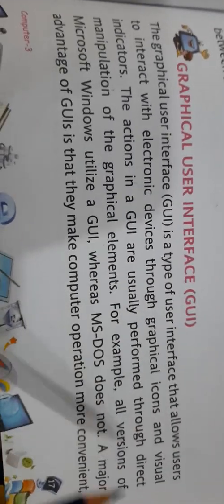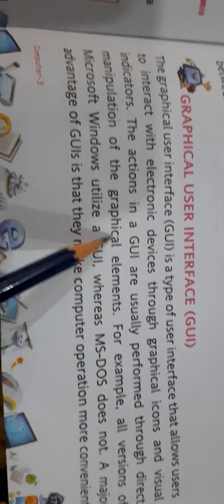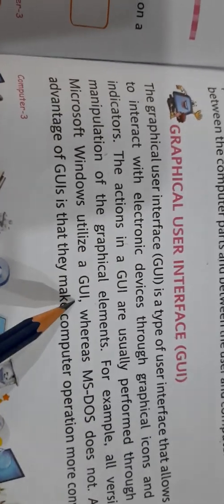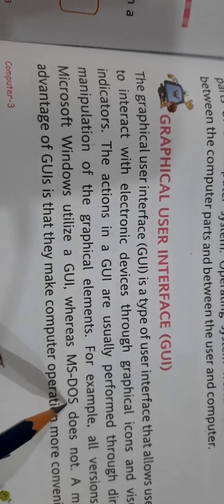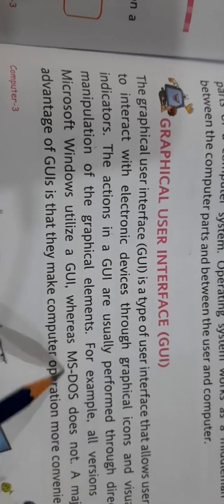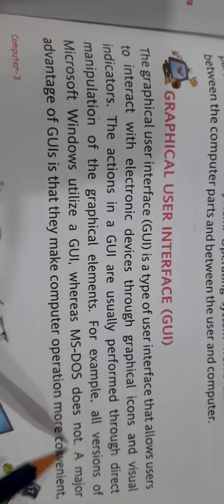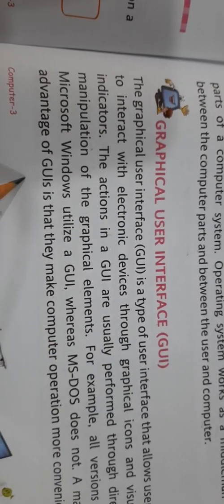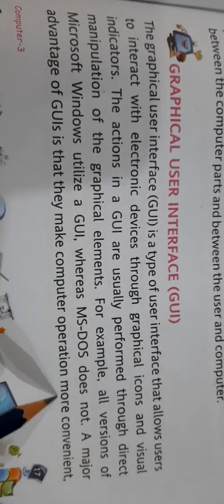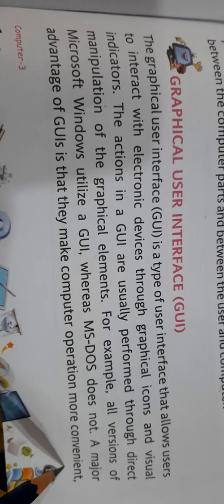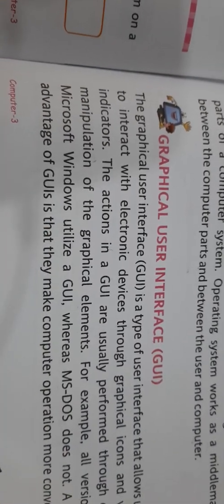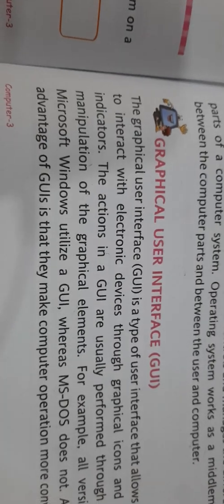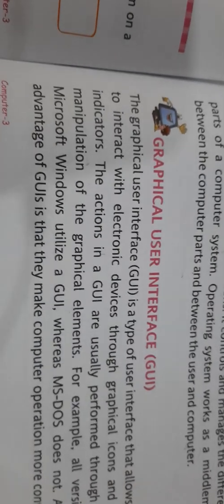For example, all versions of Microsoft Windows utilize a GUI, whereas MS DOS, disk operating system, does not. A major advantage of GUIs is that they make computer operation more convenient. Means in MS Windows, which we are using these days, which you see in your computer, we utilize GUI.